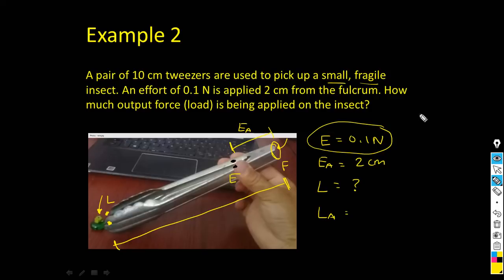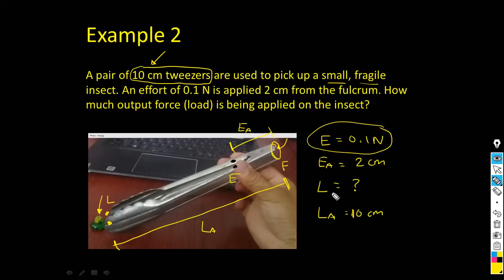Where can we get that information, the load arm? Can you see it? It's gonna be this, right? It's gonna be the whole length of the tweezers. Look at the diagram. The load arm is in fact the whole length of the tweezers. So that's going to be 10 centimeters, like this.